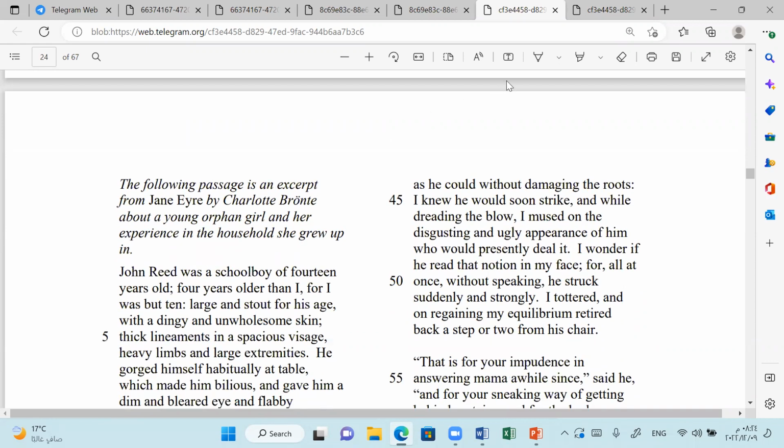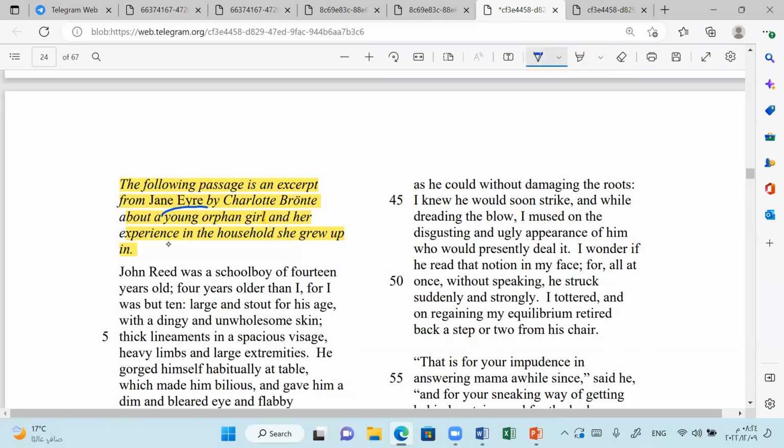Here we're gonna read the blurb only. The following passage is an excerpt from Jane Eyre by Charlotte Bronte about a young orphan girl and her experience in the household she grew up in. Okay, so let me circle the main elements.